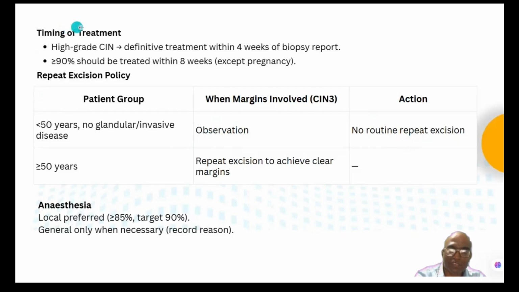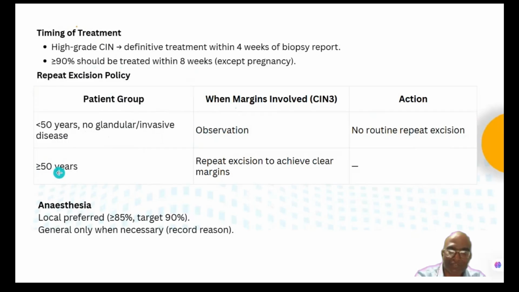So this can also be a question: there is a high grade CIN, excision treatment is done, but the margins are involved. In that particular case, you see the age of the patient, you see the type of abnormality, whether there is a glandular abnormality or not. If she is young, less than 50 years, there is no glandular abnormality, then she can be kept for observation and there is no routine repeat excision indicated.